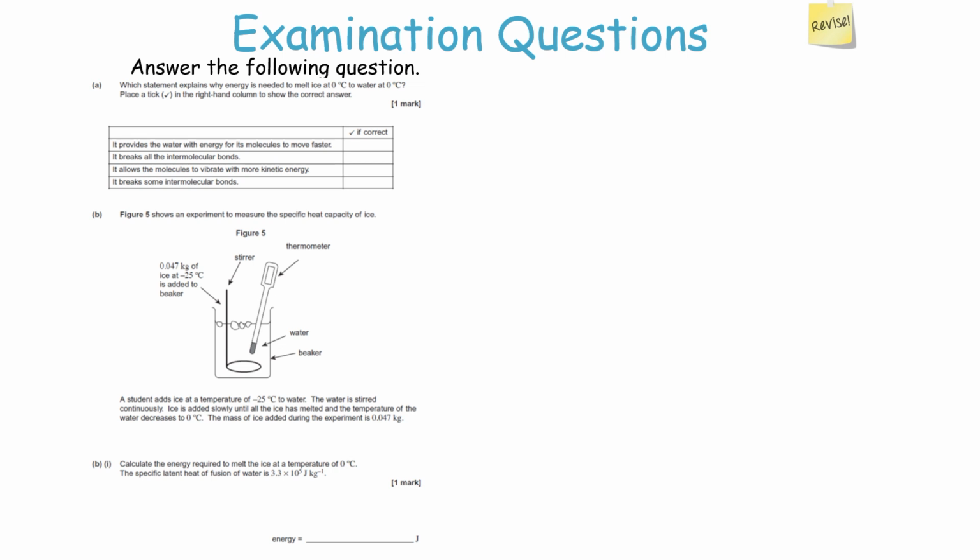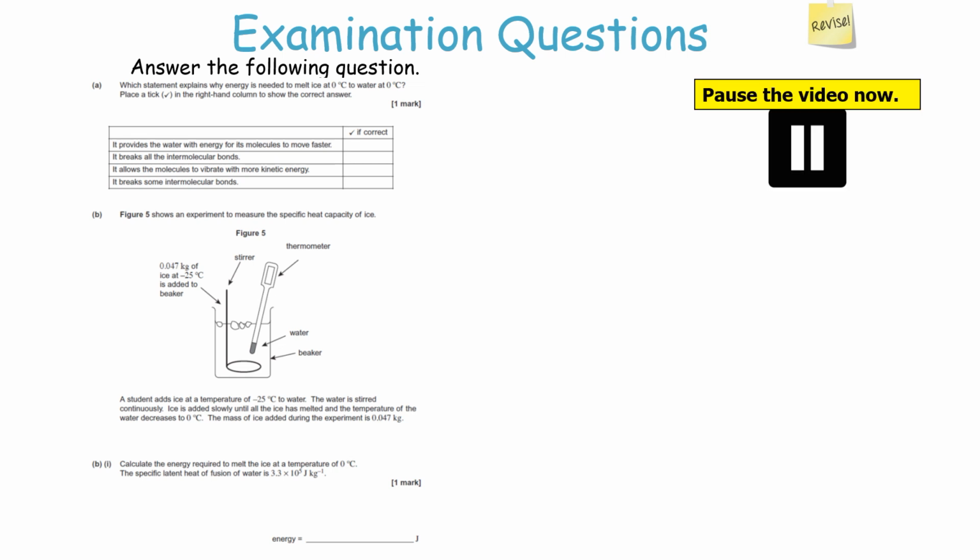The mass of ice added during the experiment is 0.047 kilograms. Calculate the energy required to melt the ice at a temperature of 0 degrees Celsius. The specific latent heat of fusion of water is 3.3 times 10 to the 5 joules per kilogram. So pause the video now, then unpause the video when you want to go through the answer.